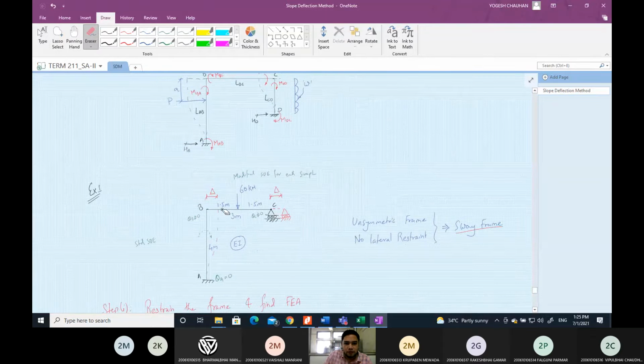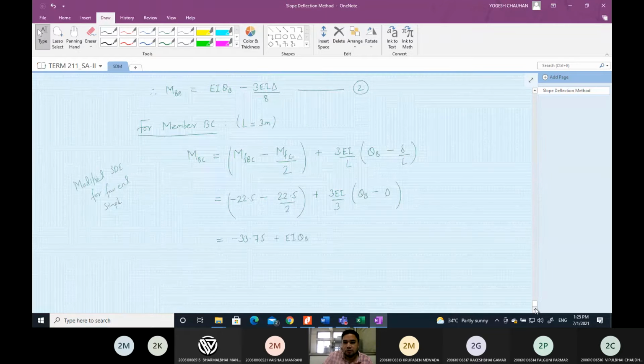There is no transverse displacement of member BC, so delta is 0.